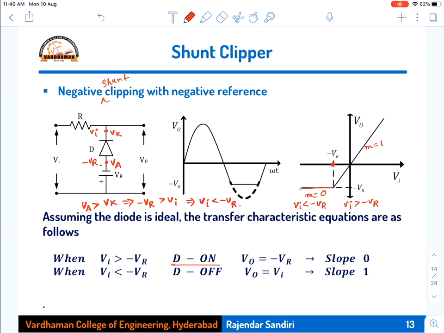Vi should be less than minus Vr. I think these characteristic equations are not matching.